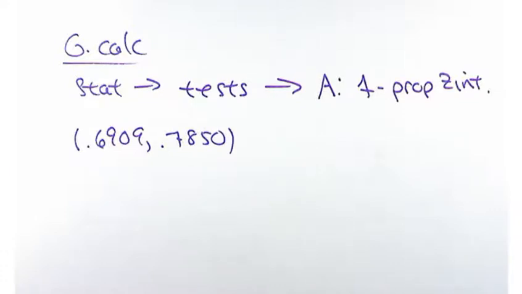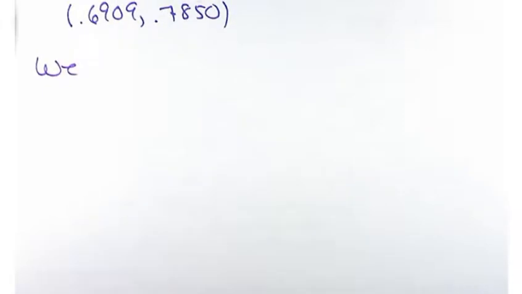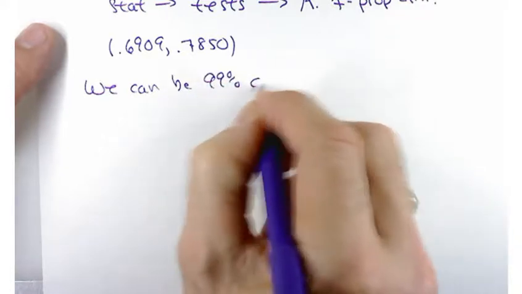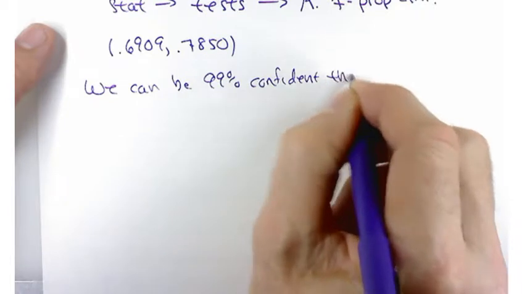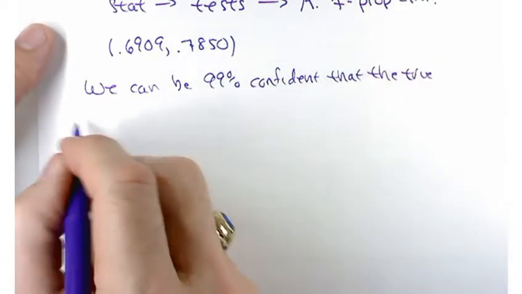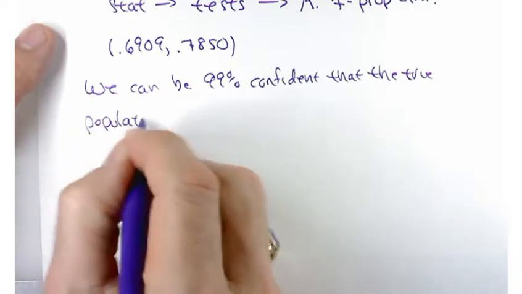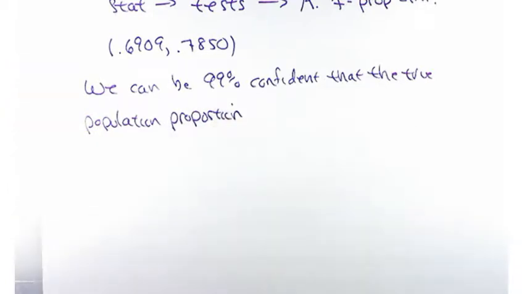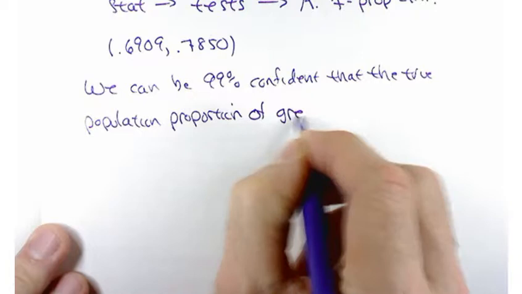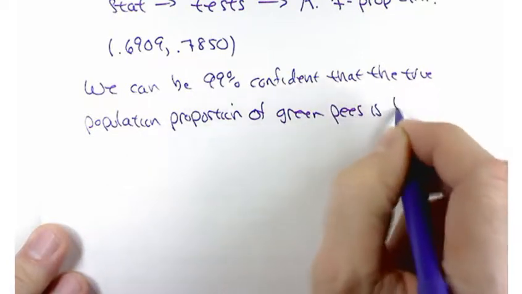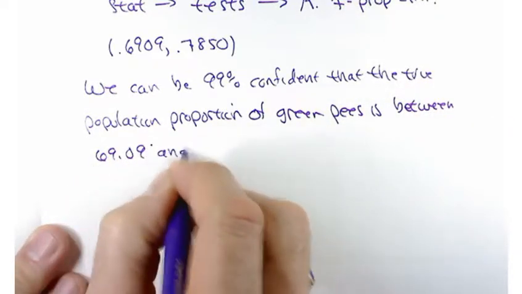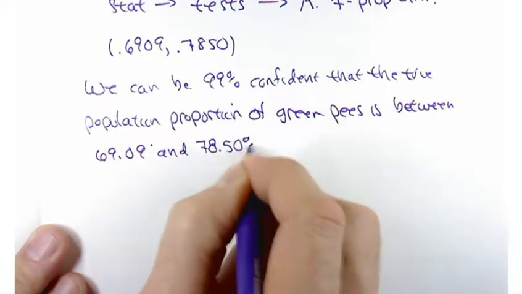Well, it means, and I want you to write this down verbatim: we can be 99% confident that the true population proportion of green peas is between 69.09 and 78.50%.